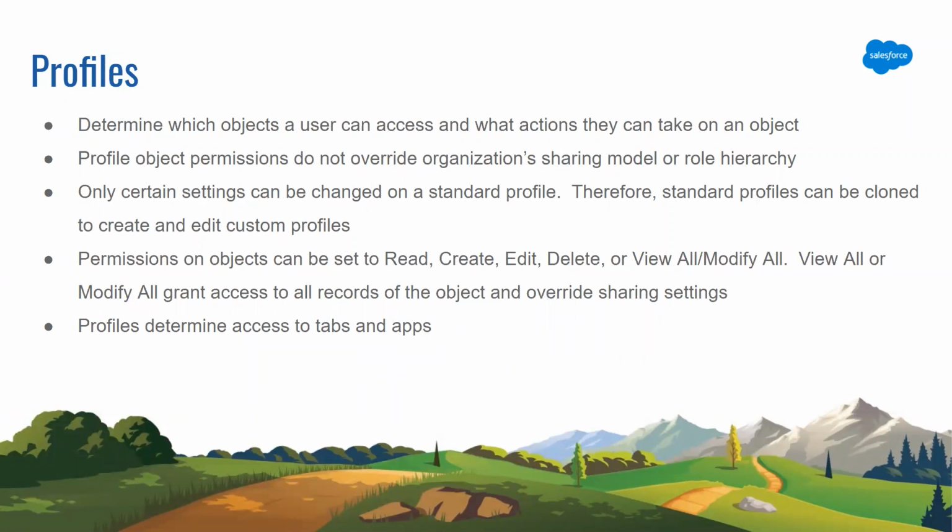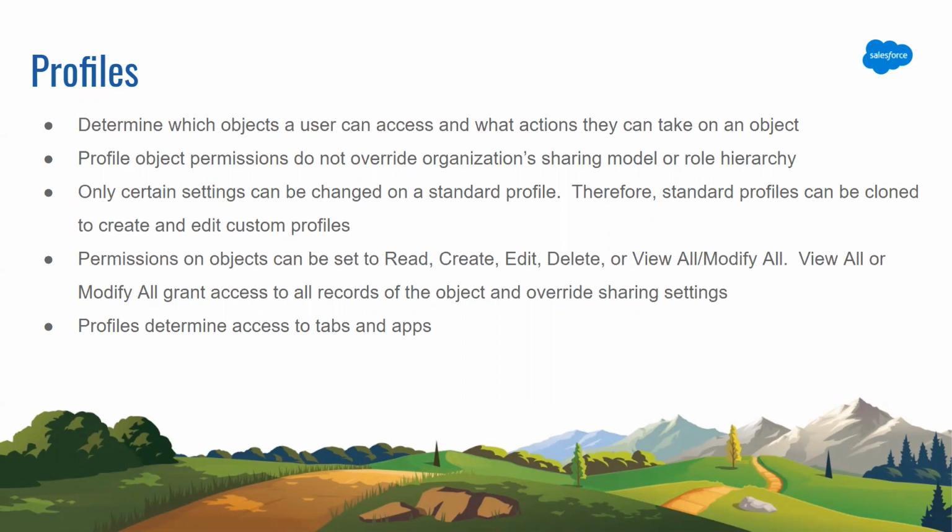More specifically, with the profiles, it depends what actions the user is able to take on a specific object, and they do not override the sharing model or the role hierarchy. So I could definitely see that being a section question, like granting someone a profile: does the organization-wide defaults get overridden?